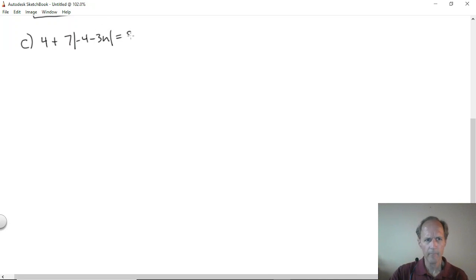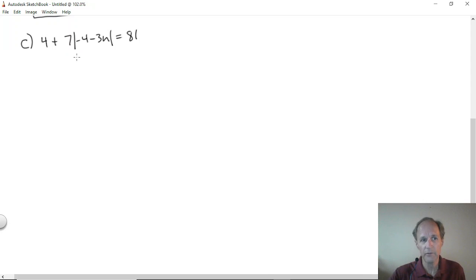So you might notice, well, this has more to get rid of, right? We have 4 plus 7 times the absolute value of negative 4 minus 3n, those are all in the bars, equals 81. So again, you can't distribute this, so you need to get it by itself.